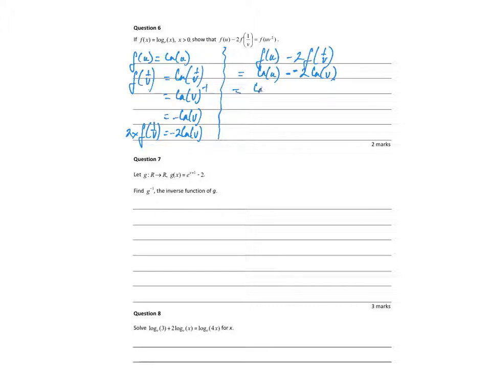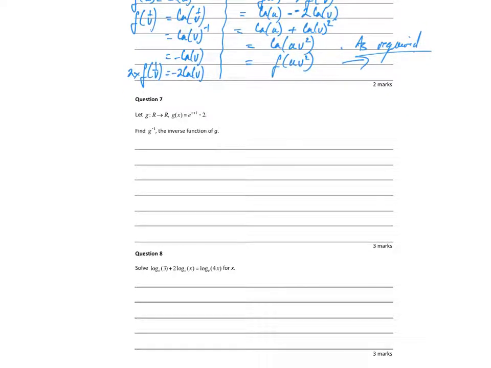So that's equal to natural log u plus natural log of v squared, which equals the natural log of u v squared, which is equal to f of u v squared, as required. All right.